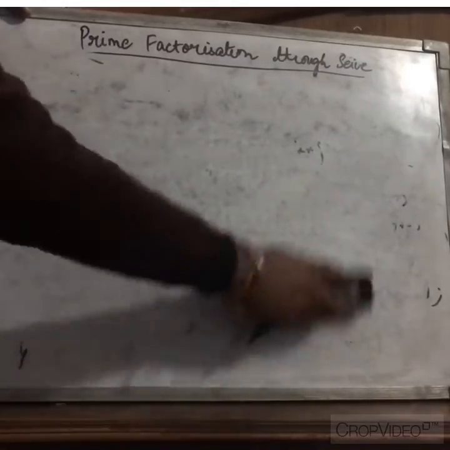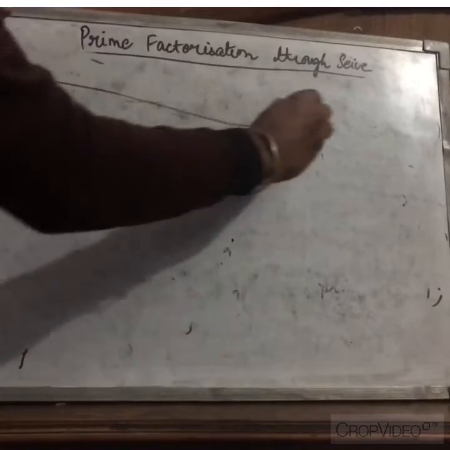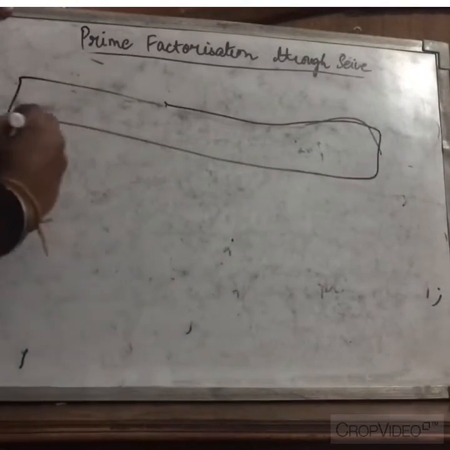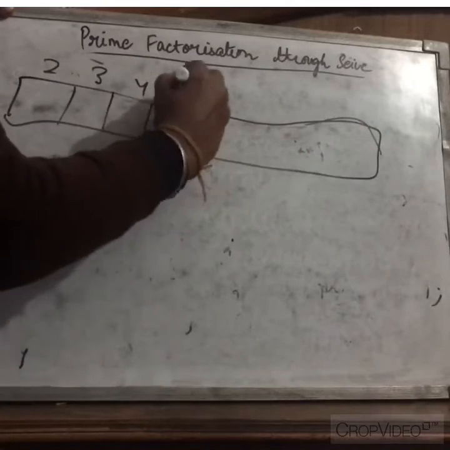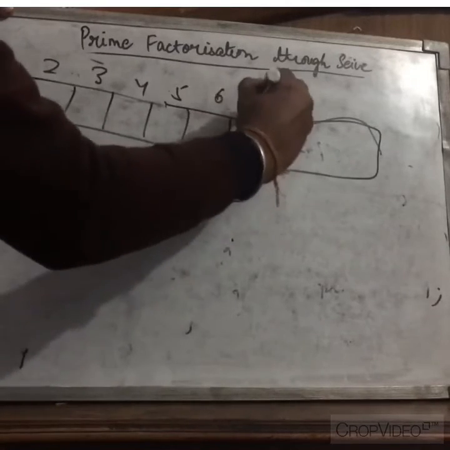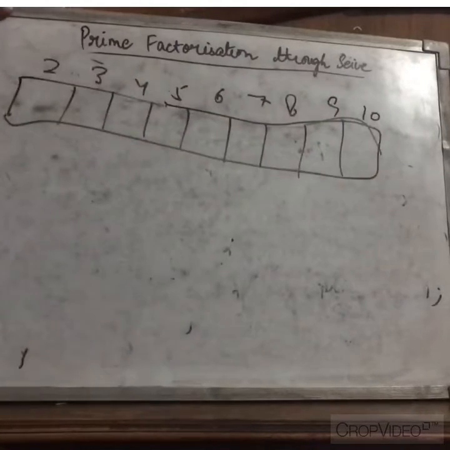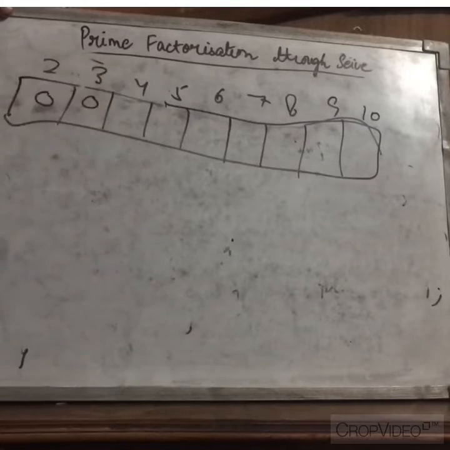This is my primes array: index 2, 3, 4, 5, 6, 7, 8, 9, 10. What is the value stored at 2? 2 is a prime number, so here will be 0. 3 is a prime number, so here it will also be 0.